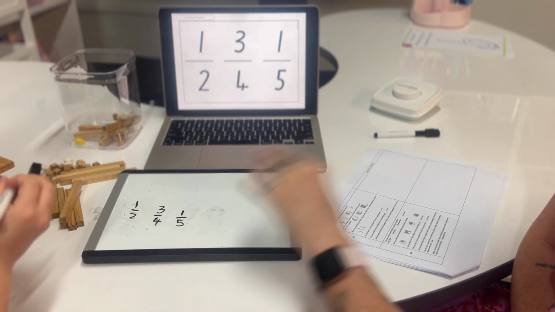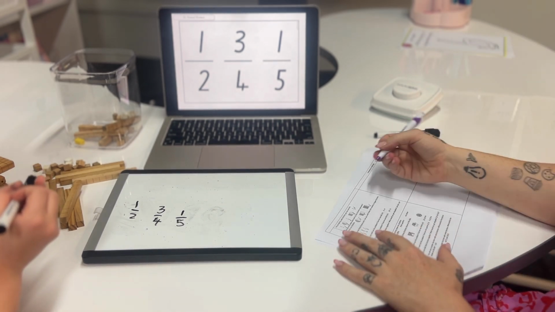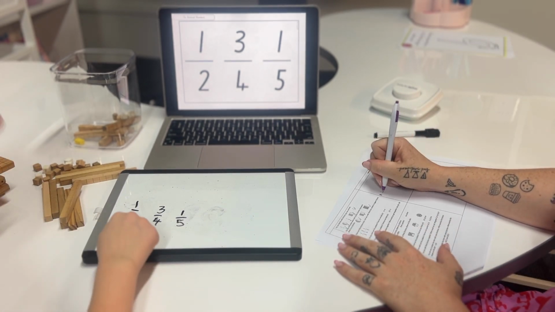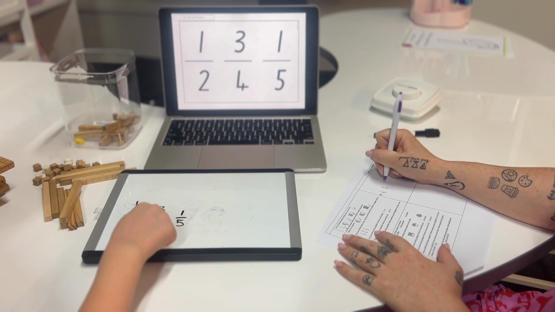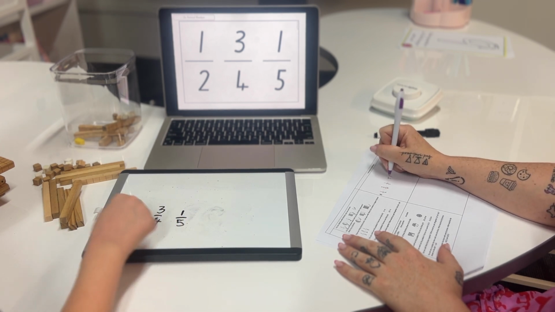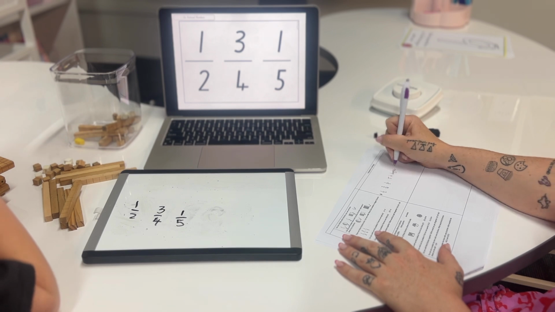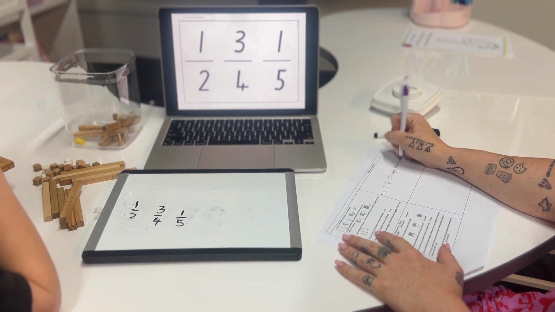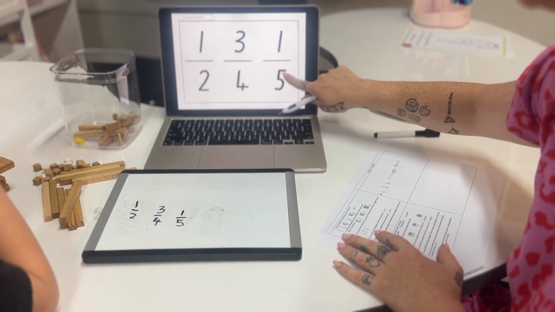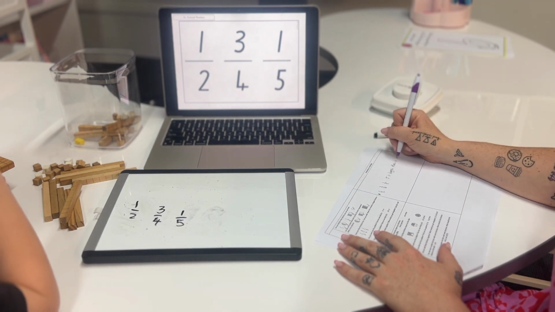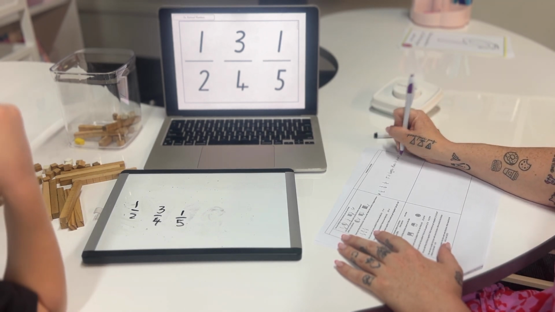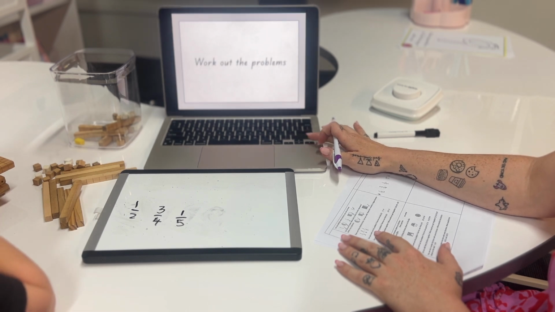Why did you do it this way? Because the 5 is bigger than the 4 and the 4 is bigger than the 2. Oh, 5 is bigger than the 4. So you were looking at the numbers on the bottom? Yes. Awesome. Cool. Good job.